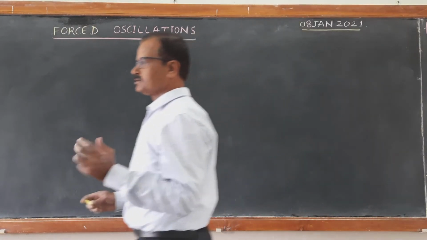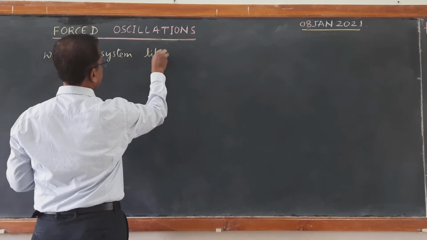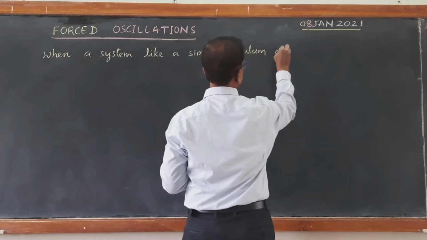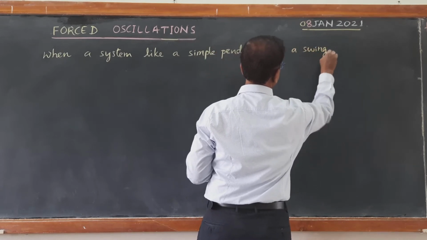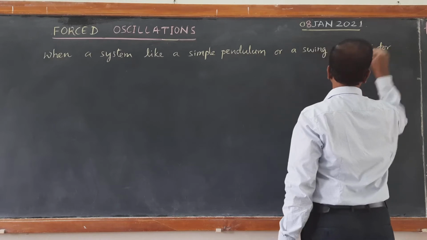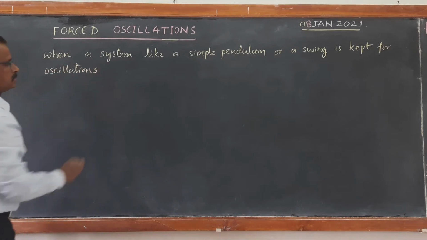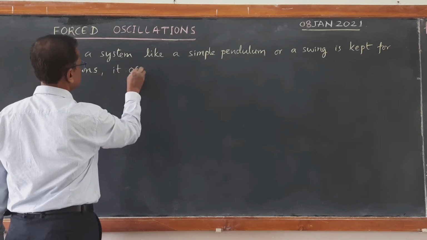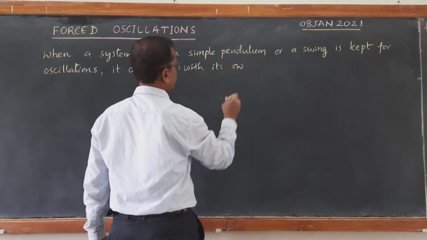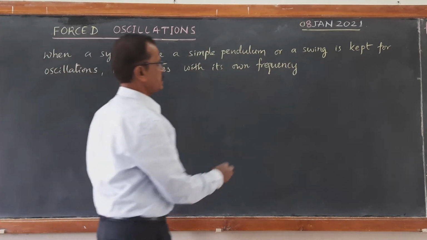When a system like a simple pendulum or swing is kept for oscillations, it oscillates simple harmonically with its own frequency, called the natural frequency.